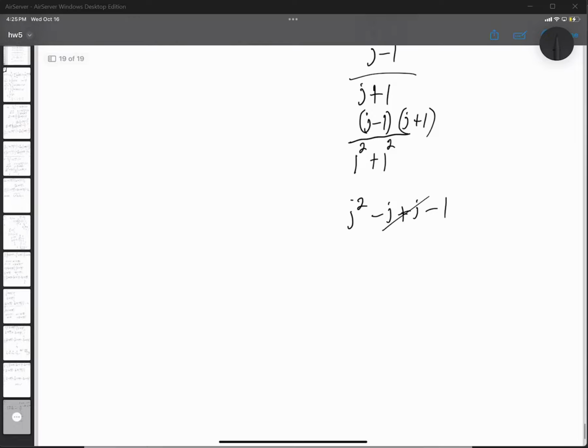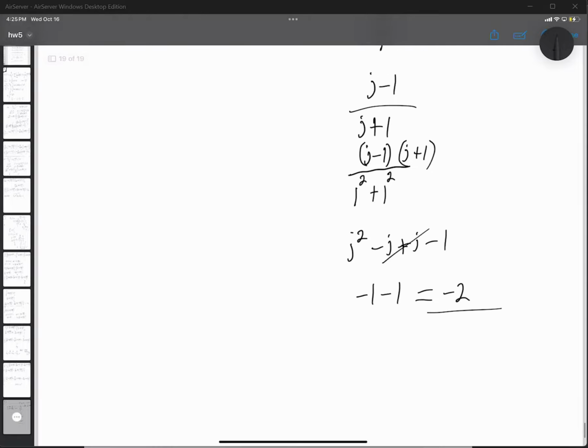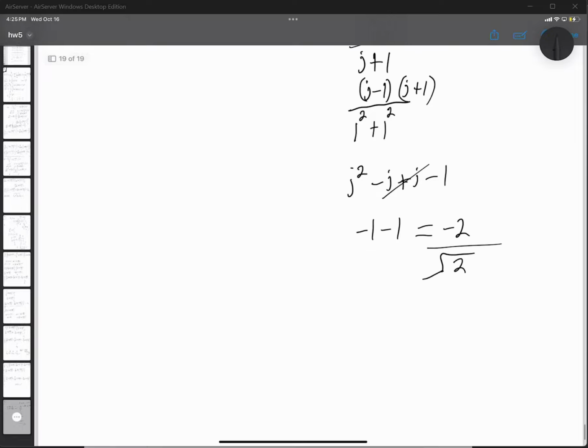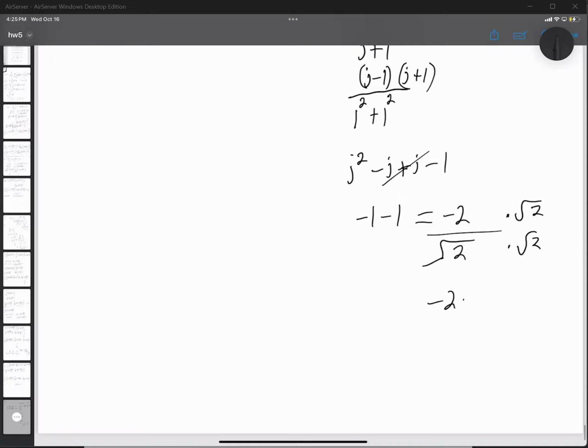Those will cancel. We'll get negative 1 minus 1, which is negative 2. And we're nice and good on the top. Divided by 1 squared plus 1 squared is just 2. Root 2. Multiply the top and bottom by root 2. To fix it, get negative 2 times root 2 divided by 2. These will cancel. And we got negative root 2.